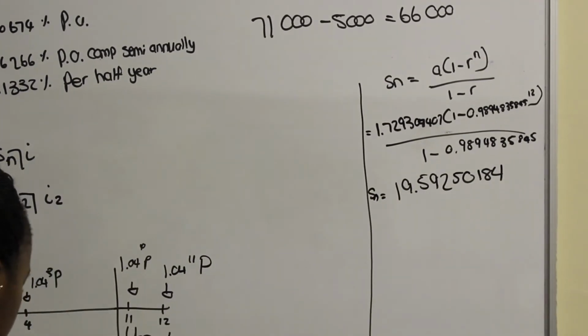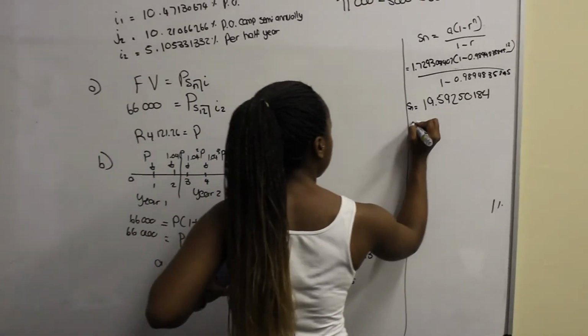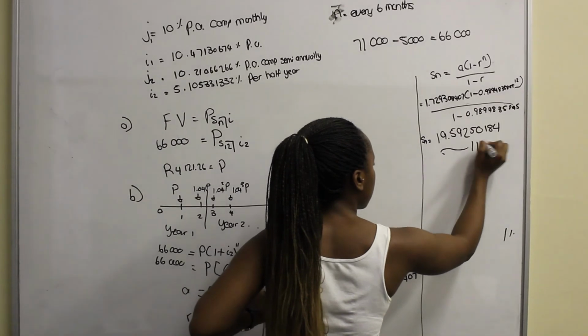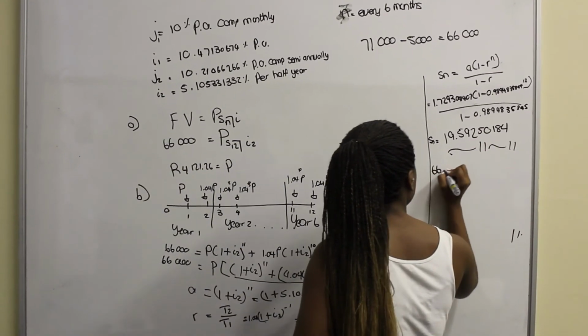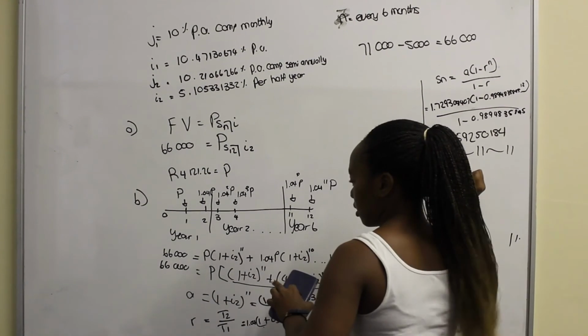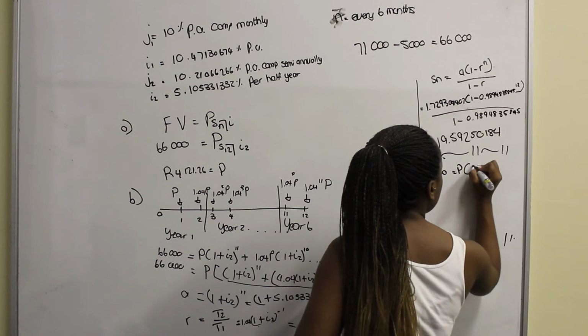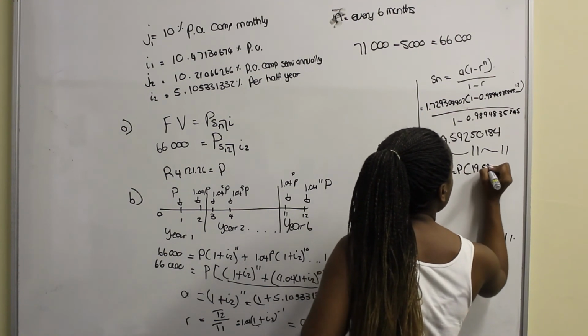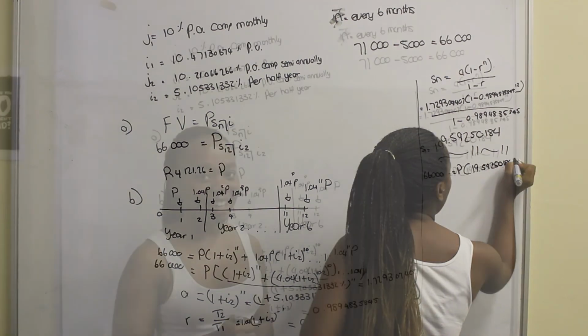Our Sn is this part though. So going back to our equation of value, this means that 66,000 is equal to P times Sn, which is 19.59250184.